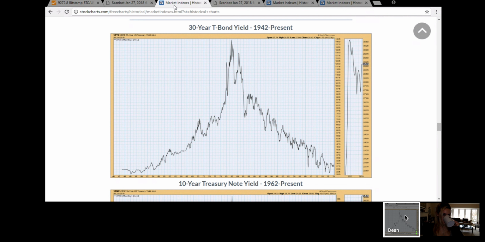And this is from 1942 all the way till today. This is the 30-year U.S. Treasury bond yield. So it's the opposite of the price of U.S. Treasury bonds. As yields go up, the bond prices are dropping. And as yields go down, the bond prices are going up.